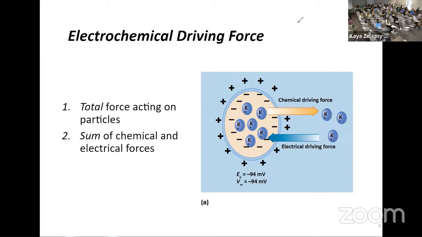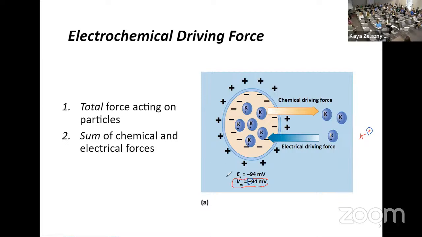In this example, here in the picture, we see a cell with a negative charge inside. So Vm, our membrane potential, in this example is negative 90 millivolts. We're looking at a potassium ion in this case. Potassium is K+, it's positively charged. If we're looking for the direction of our electrical driving force, we're going to be looking at that positive charge on the potassium and that negative charge of our membrane potential.